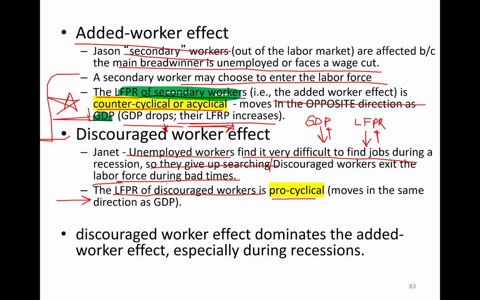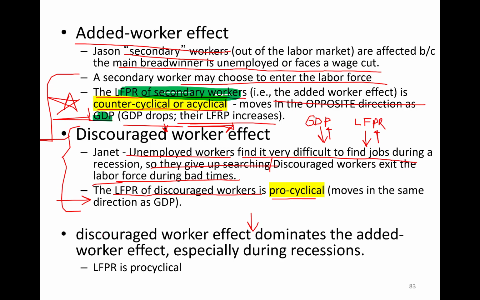The discouraged worker effect dominates the added worker effect, especially during recessions. So GDP drops. The added worker effect says that the labor force participation rate of secondary workers goes up, but the discouraged worker effect dominates. Therefore, during recessions, the labor force participation rate will go down.